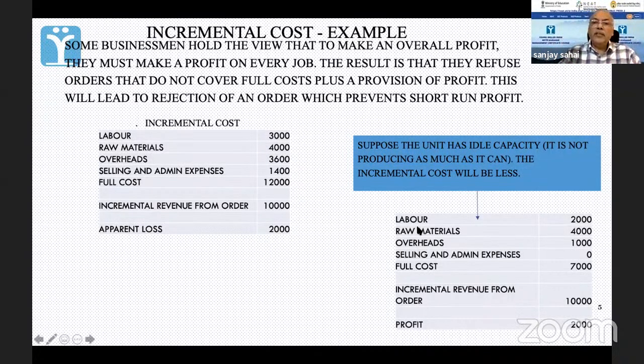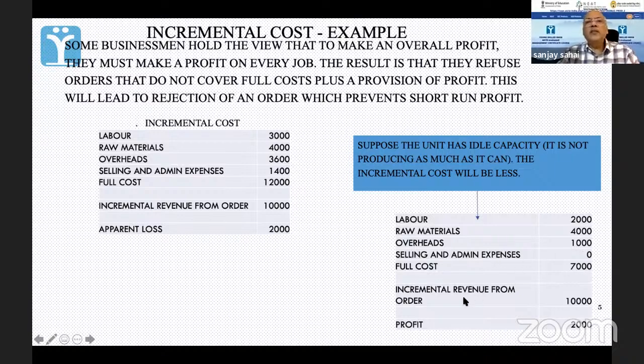See, your labor is already there. To push them a little more to produce those extra goods, you basically have to spend an extra 2,000. Raw material cost is going to remain the same, 4,000, that is not going to change. The overhead costs are going to be less because you're already spending on overheads. So if you're just expanding it a little, there is maybe a little bit of extra expenditure, but not too much. So that we peg at 1,000.